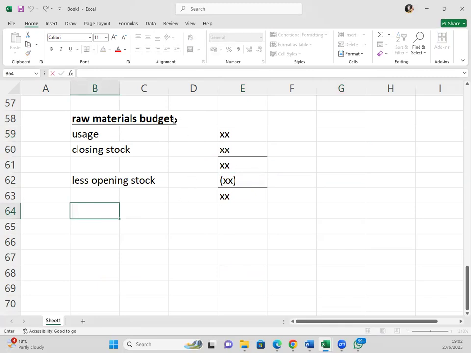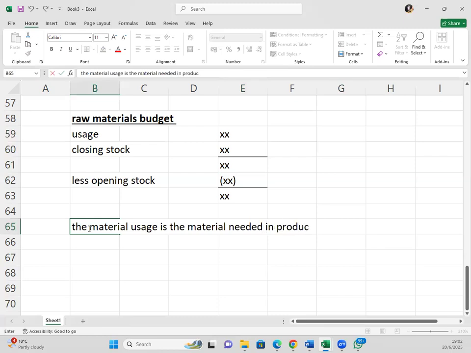So in this case, we need the material usage. I can see on the question, there was opening and closing stock. The material usage is the material needed in production. So how do we know the material needed in production?